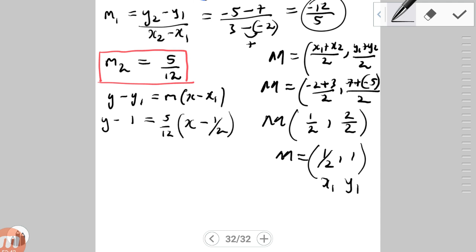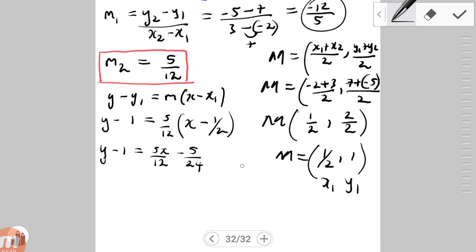All right, so here we go. We end up with y minus 1 is equal to 5 times x, which is 5x over 12. And naturally now we just say 5 times minus 1 is minus 5, and 12 times 2 is 24. Okay, so top, bottom. 5 times x over 12, 5 times minus 1 is minus 5, over 12 times 2 is 24.